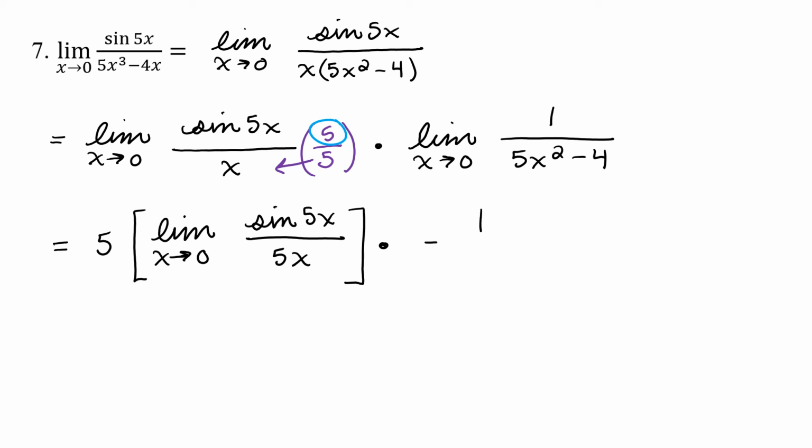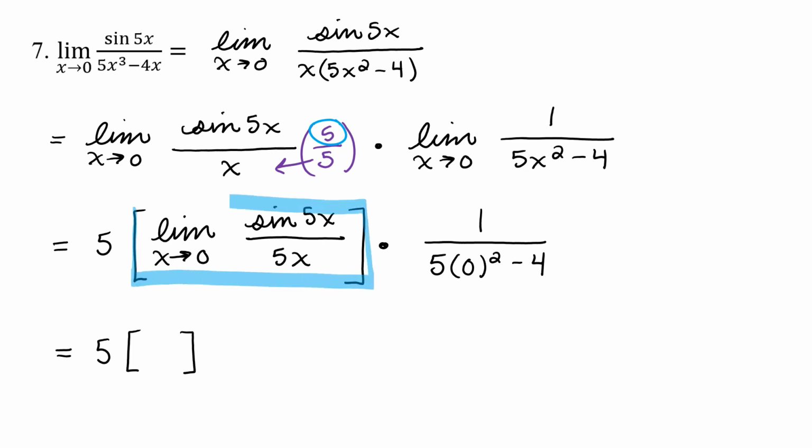So that'll be 1 over 5 times 0 squared minus 4. So we have 5 times, this is one of our known limits, and it evaluates to 1, times 1 over 5 times 0 minus 4 gives us 1 over negative 4. So we have negative 5/4.